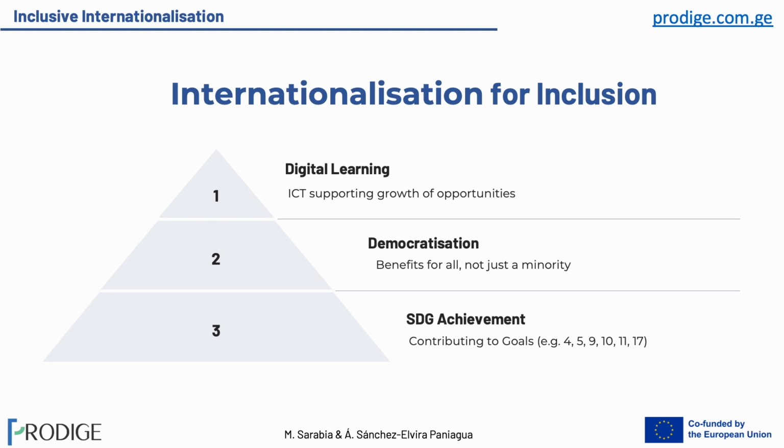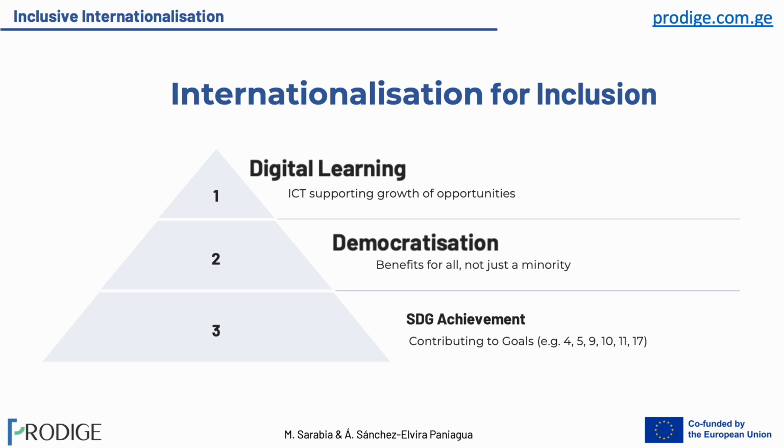Internationalization can and should play an essential role in terms of inclusion, and the development of ICT should support the growth of opportunities for action that make internationalization a part of the university and not just the preserve of a minority, but allow for a democratization of the benefits of internationalization in terms that consider the differences and needs between countries and between institutions.